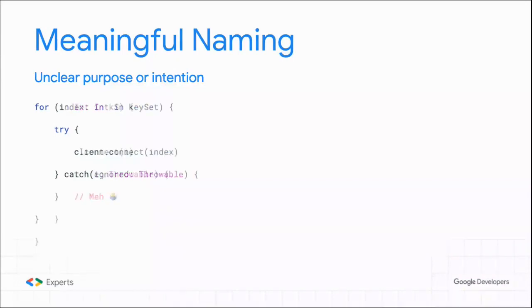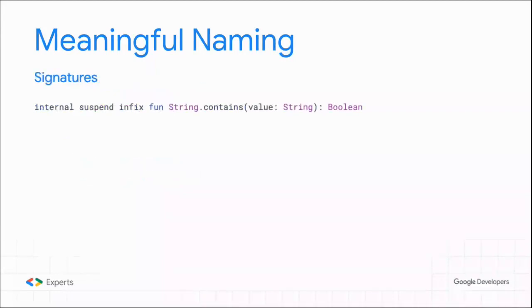Well, if we simply rename it to, you know, client and index, we can see that we're actually iterating over a key set now with an index, and we are intentionally ignoring this exception. Maybe it's an exception thrown by an SDK that is purely for logging purposes, so we don't have to treat it with the same amount of importance. But it's these small changes you can make in your implementation that give it much more information about what's going on.